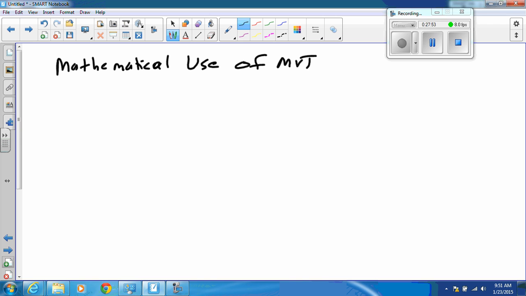The mean value theorem is kind of like a core driving idea that gives us a whole bunch of other things that are very, very useful. And one in particular that we've already been using is the notion of increasing and decreasing. The mathematical use of the MVT is to prove other theorems.